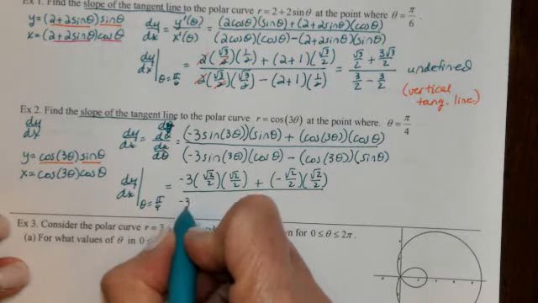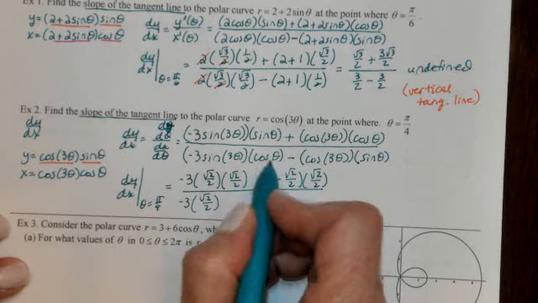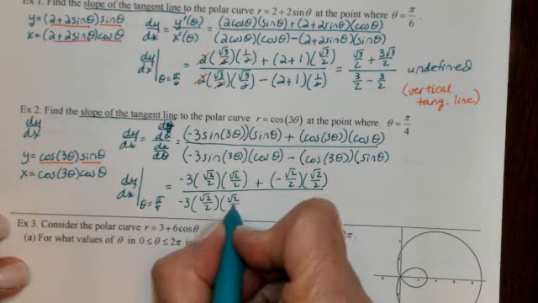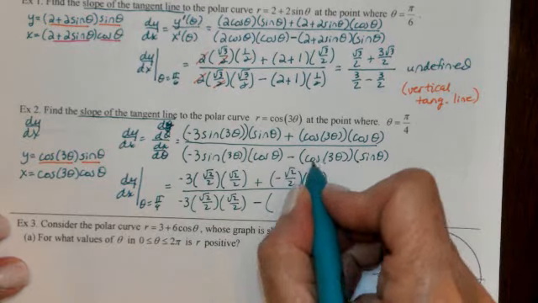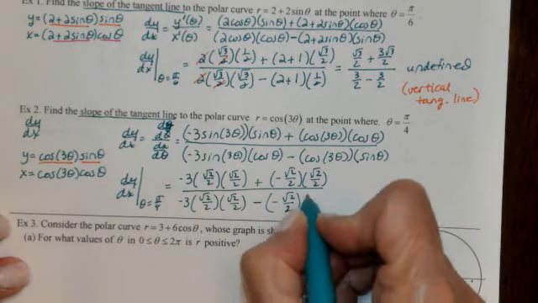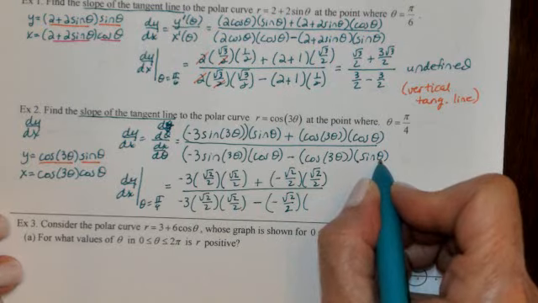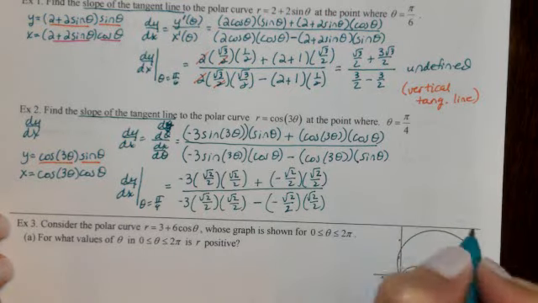So negative 3 square root of 2 over 2. Cosine of pi over 4 is square root of 2 over 2 minus, that's going to be the same thing that we had up here, negative square root of 2 over 2 times sine of pi over 4, square root of 2 over 2. All right?